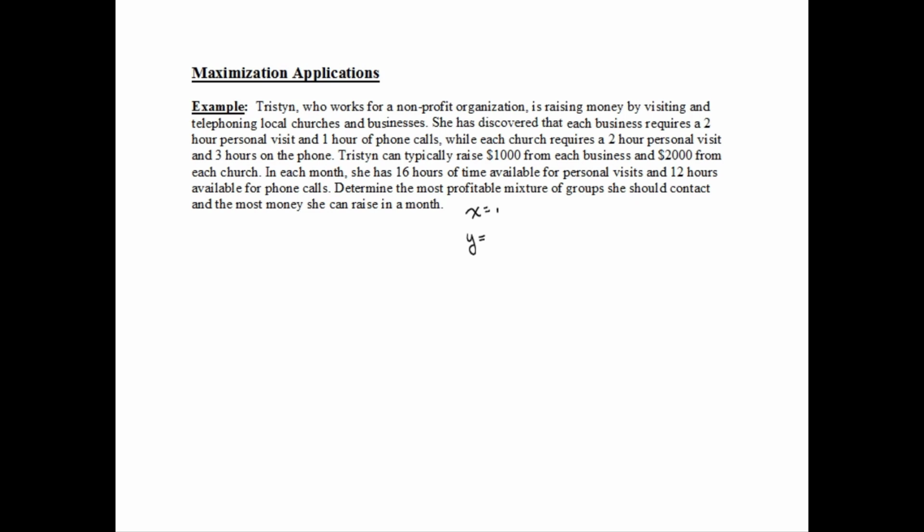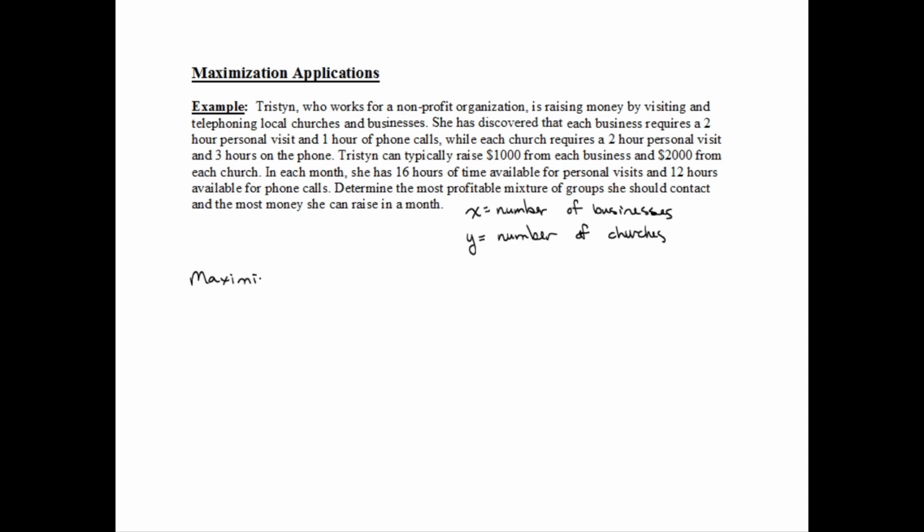So let's let X represent the number of businesses, and let's let Y represent the number of churches. If you like, you can organize the information in the problem in a table. I'm going to go ahead and write the model.